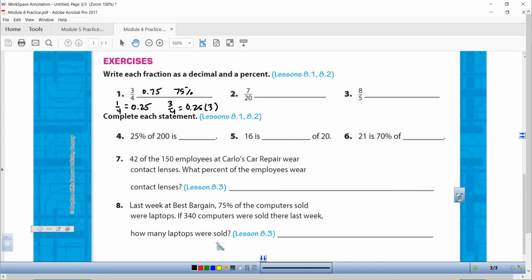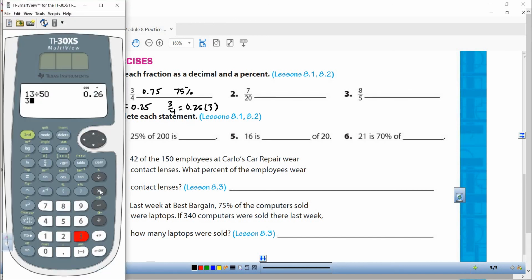Now, again, if you did not know that, you could go to your calculator and do 3 divided by 4, which is equal to 0.75. And then to change the decimal to the percent, you move it 2 places to the right.